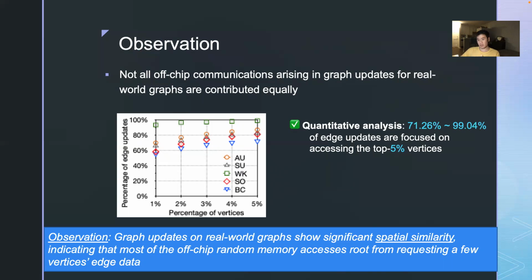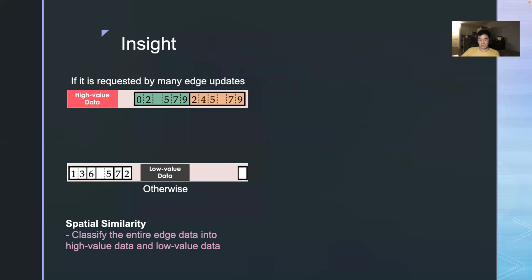More than 99% of edge updates are associated with only 5% of vertices. This spatial similarity motivates us to classify the entire edge data into high-value data if it is requested by many edge updates, and low-value data otherwise.